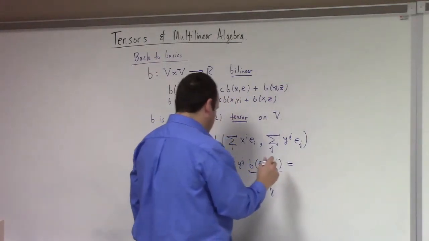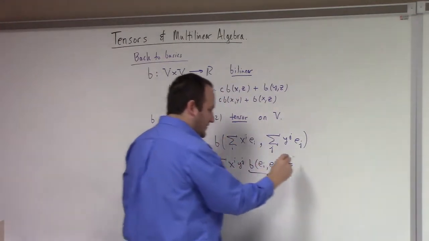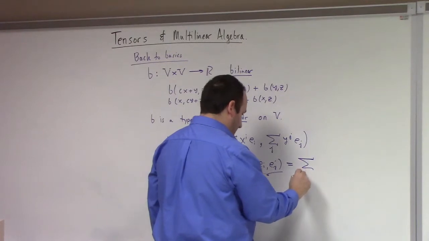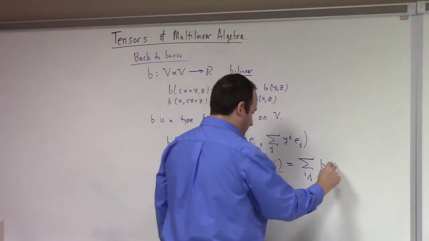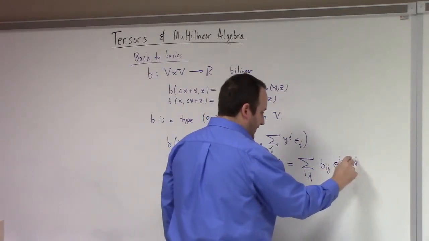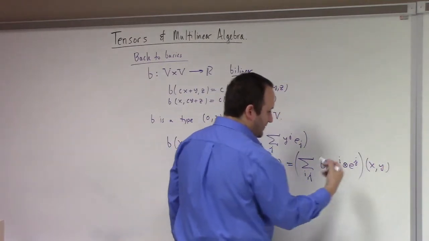Let me just rewrite this a tad here. We can also rewrite this as the sum over i,j of B_{ij} e^i tensor e^j, acting on x comma y.